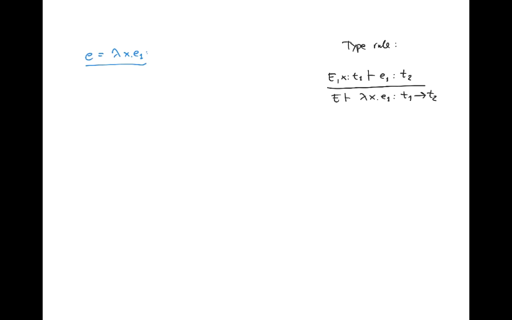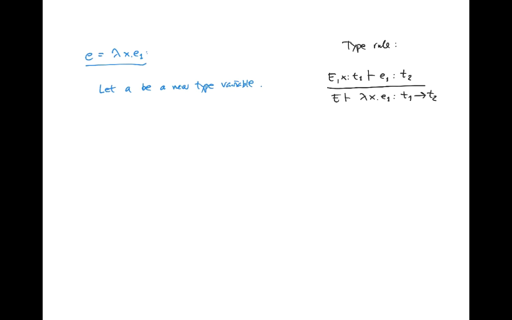Well, what does the algorithm say? Well, let a be a new type variable that we'll need for typing the argument.